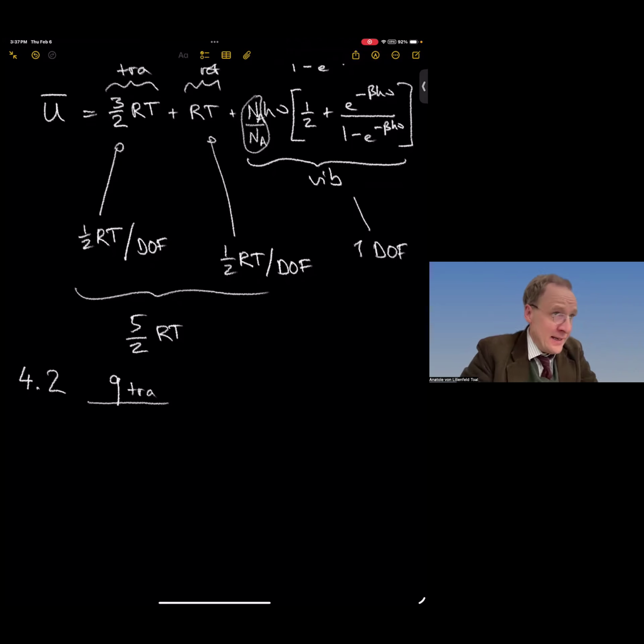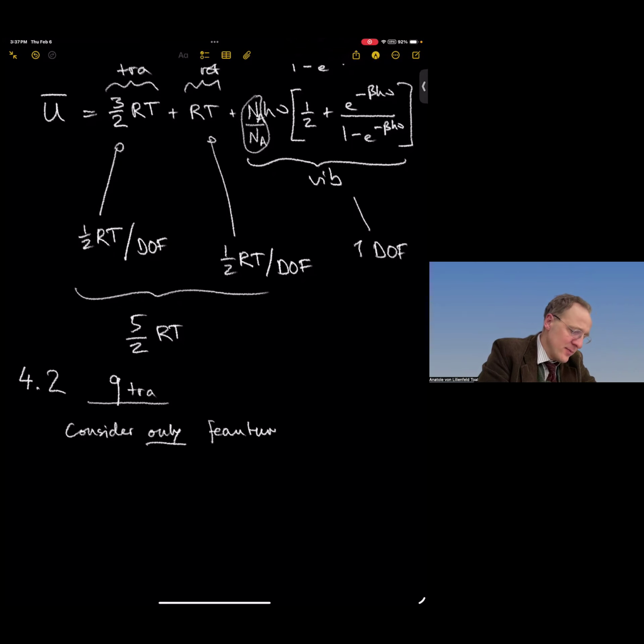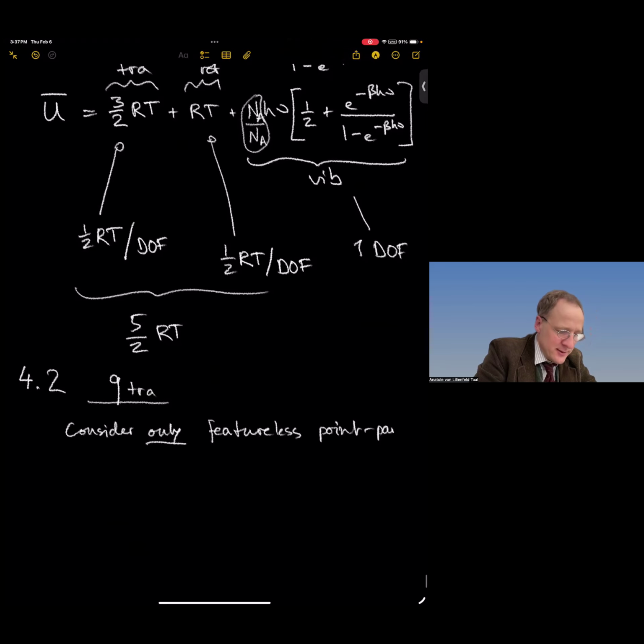And for the purpose of the translation, we consider only featureless point particles, right? So in the example we just said before, we had actually 2 atoms, right?